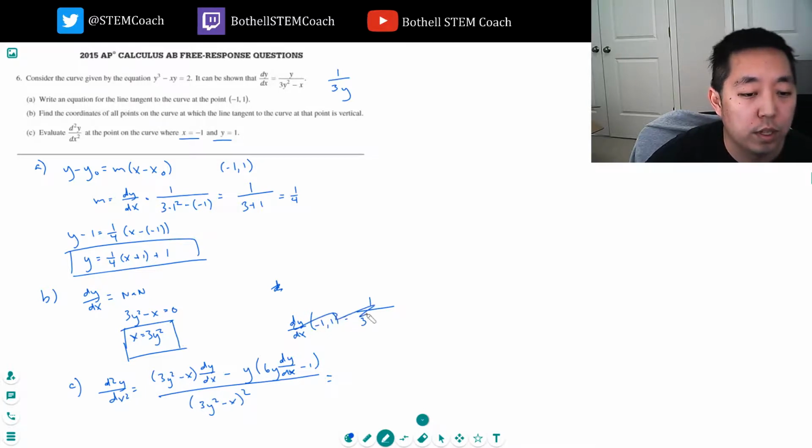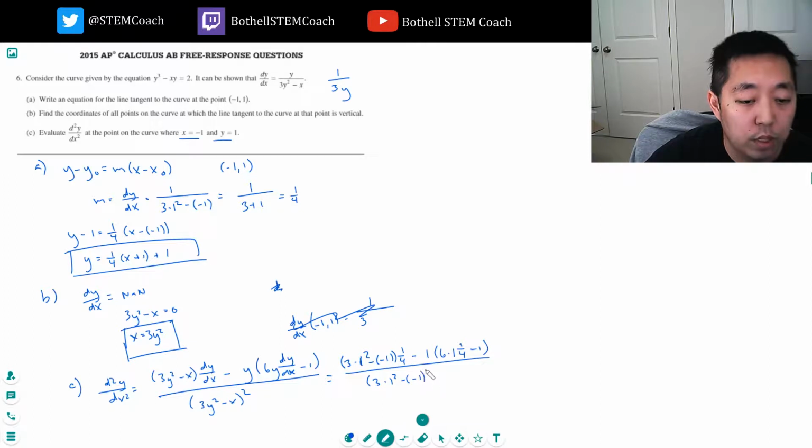Oh, I already found it was 1/4. So 3 times 1 squared minus negative 1, times 1/4 minus 1, times 6 times 1 times 1/4 minus 1, all over 3 times 1 squared minus negative 1, all of that squared. 3 times 1 is 3, 3 plus 1 is 4, so that's 4 times 1/4 minus 6 times, sorry, not minus, 6/4 minus 1, all over, again, 3 plus 1, 4 squared.